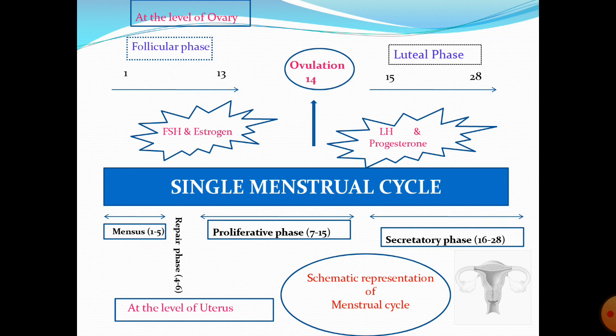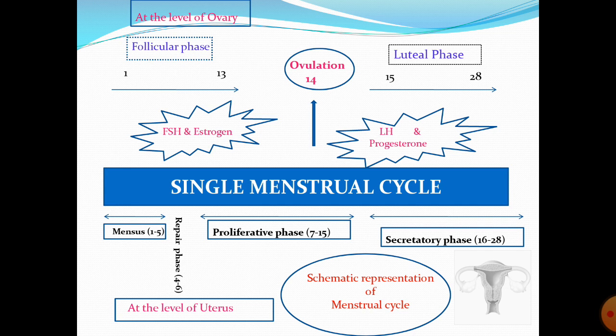For the sake of convenience of study, the menstrual cycle is divided into two substages as depicted in this slide. The first stage is at the level of the ovary.